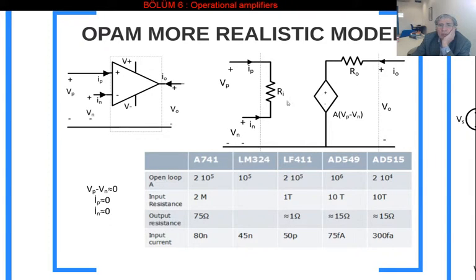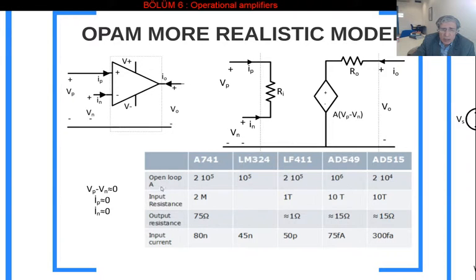So Ri is one parameter, Ro is the other parameter, and A, as we already saw, is called the open loop gain. Ri is the input resistance, and Ro is the output resistance.